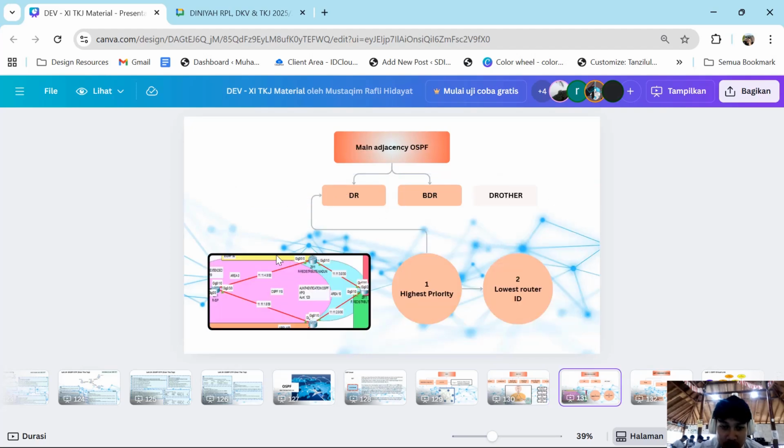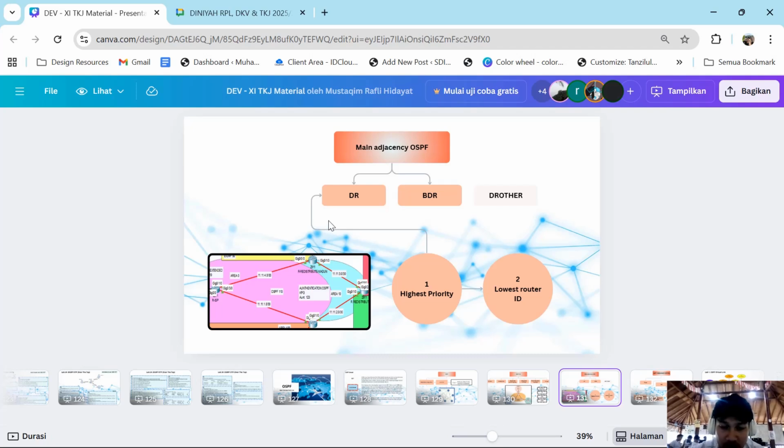So OSPF will have its own areas. Each router uses the area concept. In this example there are some areas: pink, blue, yellow, green, and many others. That's what we call an area.